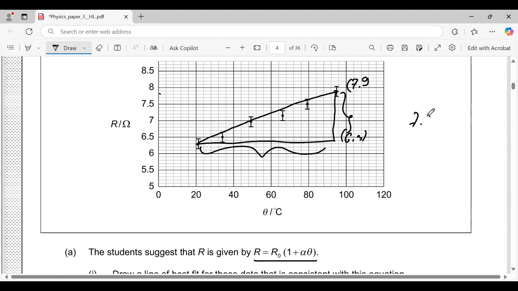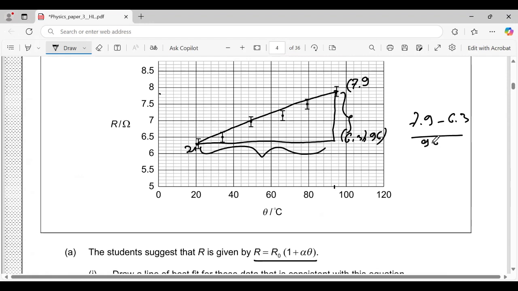It means 7.9 minus 6.3, divided by, now from this point to this point is around 96. 96 here, and this is 21.